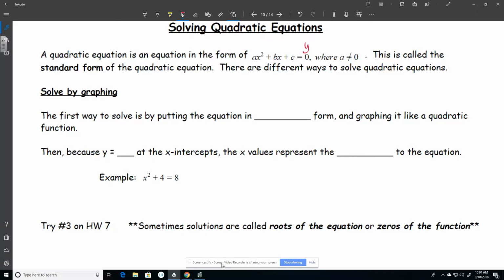One of the problems that happens, for example, if I have 4x squared plus 3x equals 0, in the past, you would use operations to get x by itself, and then you would solve for x. The problem is we have x squared and we have x.